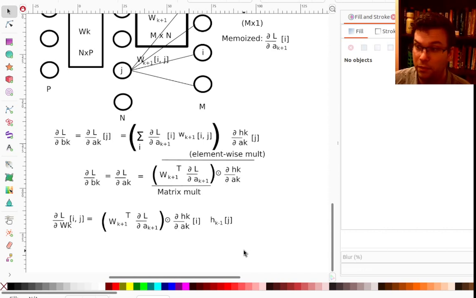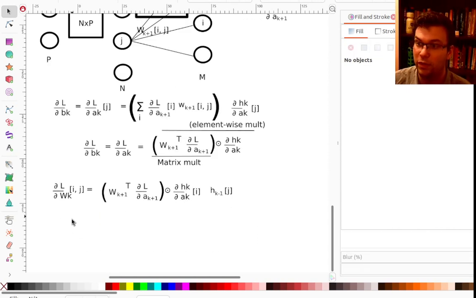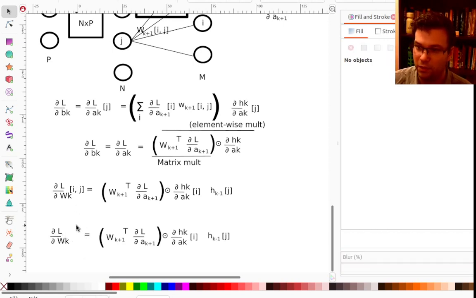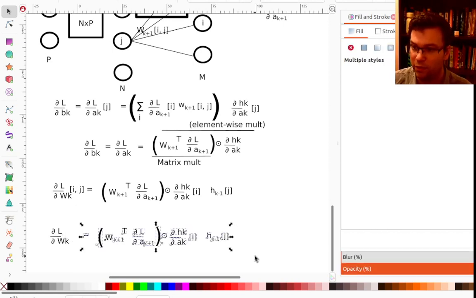And once again, there is a more convenient way to write this as a matrix product. h_{k+1} is a column vector. This is also a column vector. If I want to write the entire matrix of derivatives here, of the loss function with respect to W_k, as just a matrix multiplication, I'll take out the indices here to emphasize that I'm actually computing the entire matrix now.